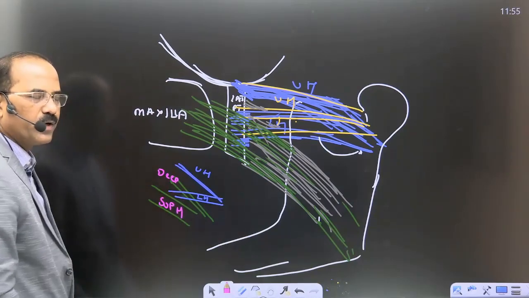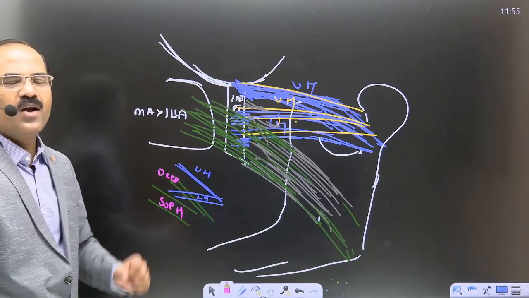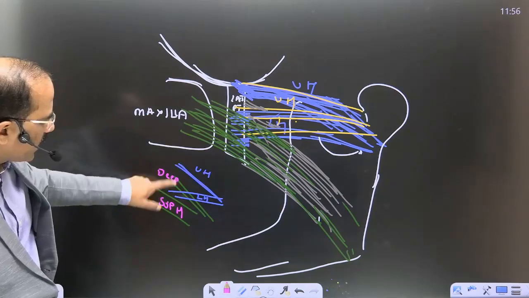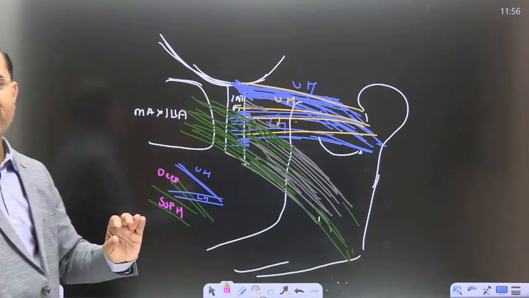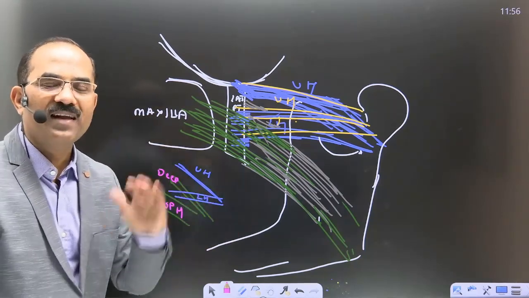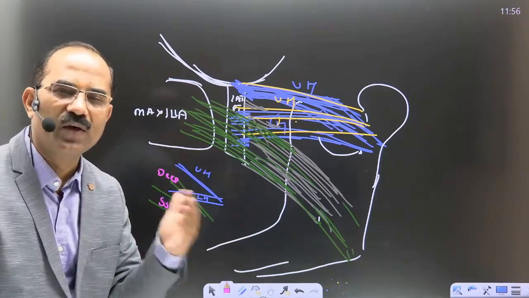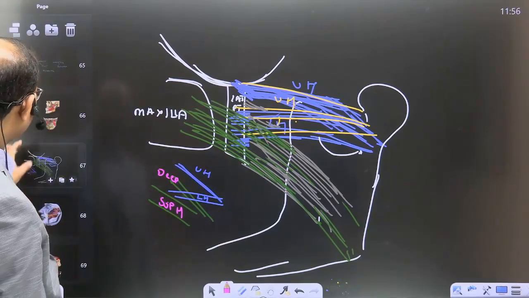So the lower head of lateral pterygoid is between the superficial and deep heads of medial pterygoid. I hope you are able to follow this, students.